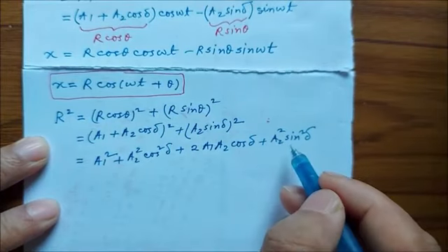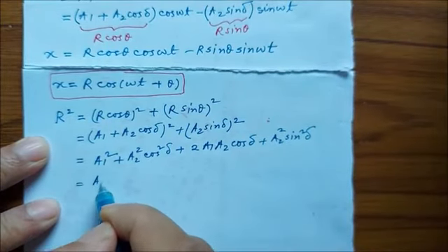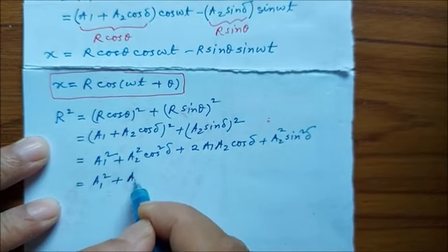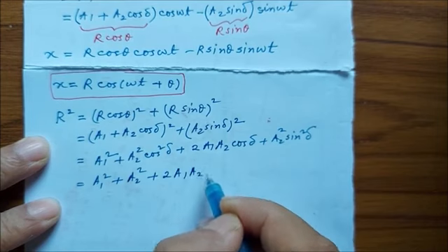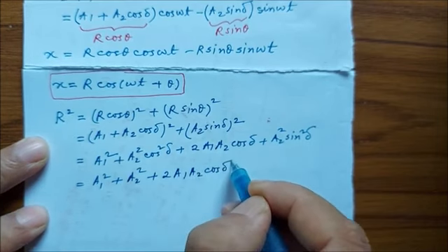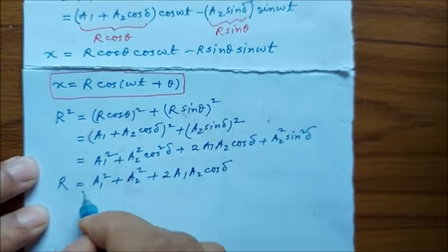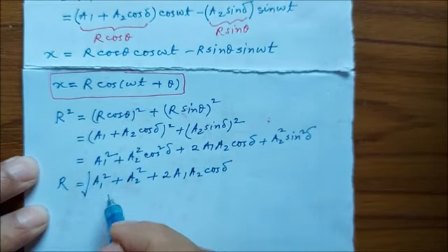So cos square delta plus sin square delta is unity, and therefore we have a1 square plus a2 square plus twice a1 a2 cos of delta. So r is actually under root of this factor.